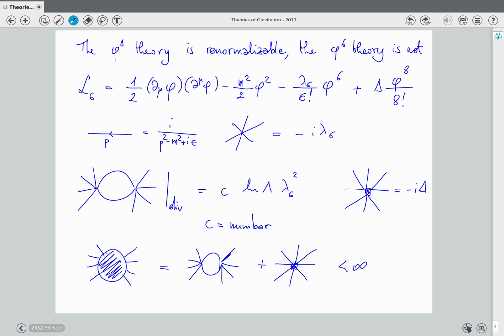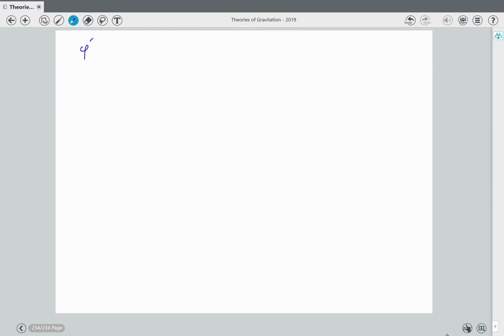Instead, the phi to the 4th theory can be renormalized, and its renormalized version can be written as the starting one by means of a number of constants, which are called renormalization constants. 3 terms we have, so you use 3 constants.